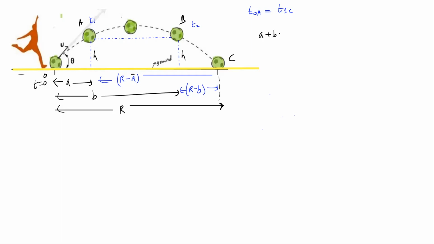Let's write some possible equations. We'll see what conditions will come. From the previous discussion, we already brought expressions for T1 and T2. Let's compare that A and B. That's all I'm interested in. So from here, what can we write?